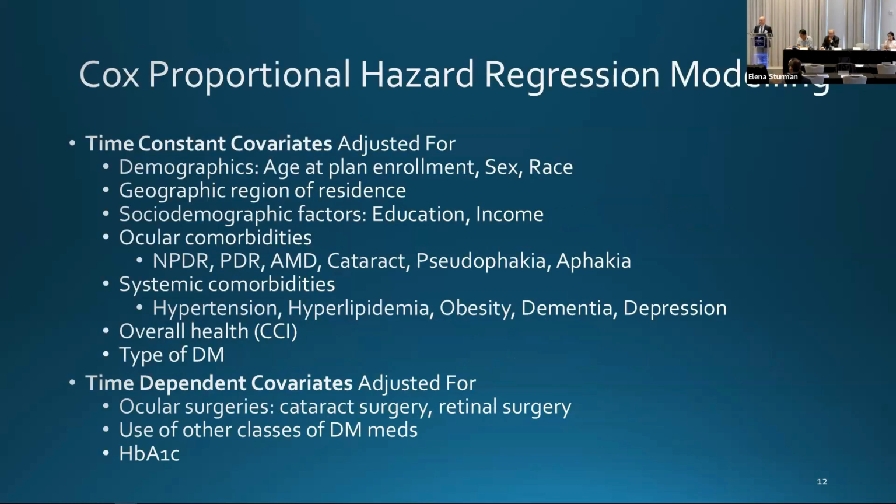We adjusted for a number of potential covariates. These included demographic factors: age, sex, race, geographic region of residence, socioeconomic factors like income and education, various other ocular comorbidities, systemic comorbidities, including hypertension, hyperlipidemia, a measure of overall health, the Charlson Comorbidity Index, and we also considered the type of diabetes.